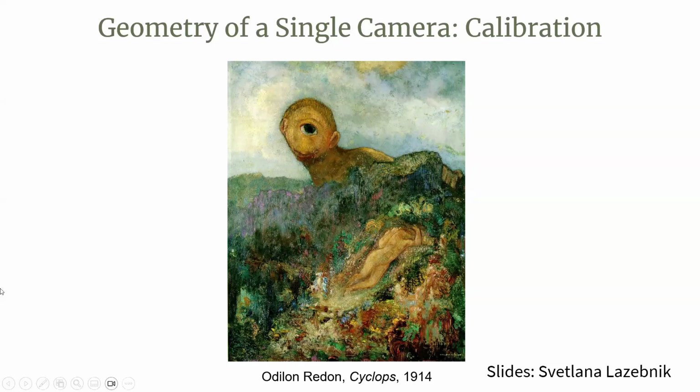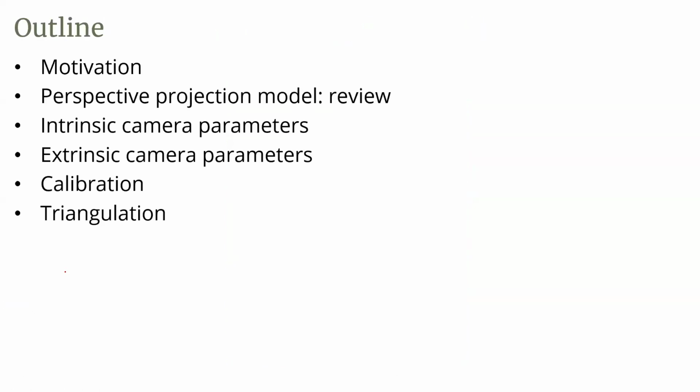That's what we are going to look at now. We will see the motivation, the perspective projection model, intrinsic camera parameters that are inside the camera, extrinsic camera parameters that are outside the camera, how to calibrate cameras, and the meaning of triangulation.